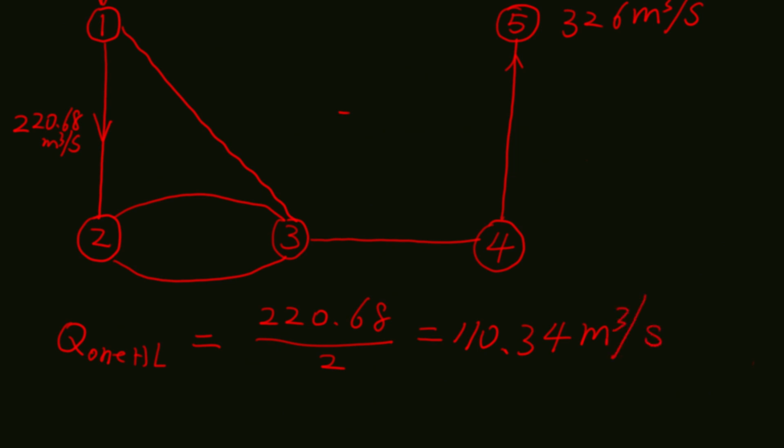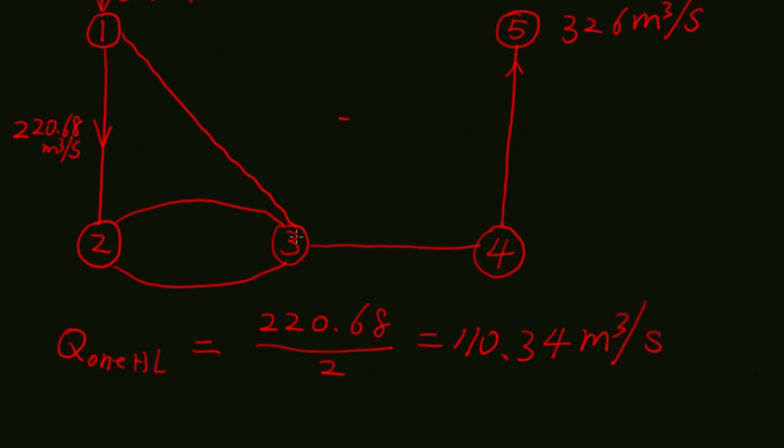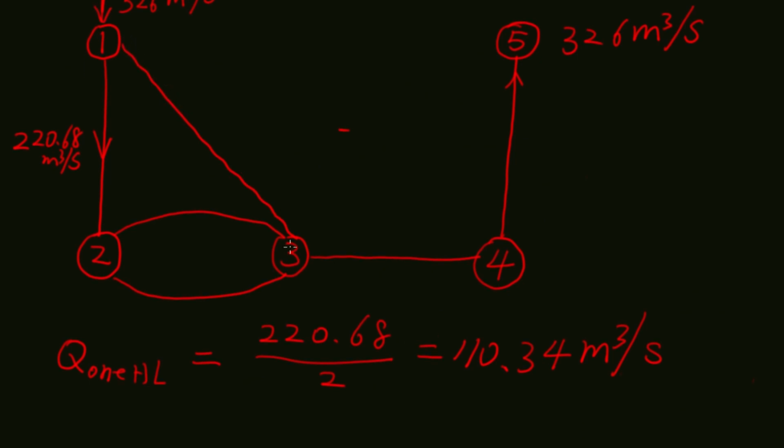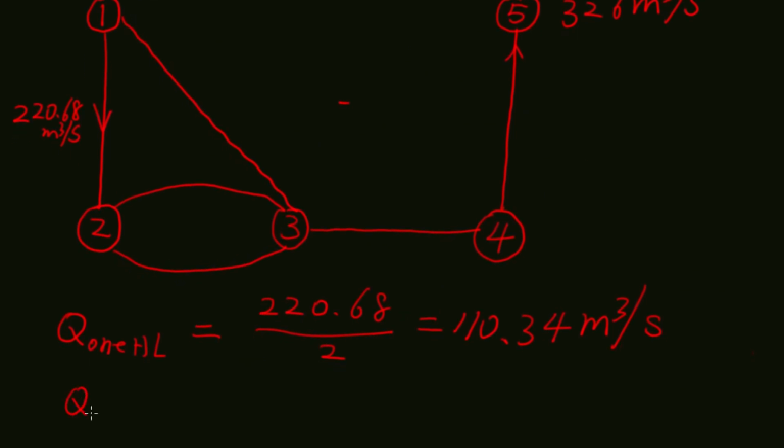The last quantity we need to solve is from 1 to 3. We know there is 326 coming into node 1, 220.68 coming out from node 1, and the rest has to come out from 1 to 3. So the quantity from 1 to 3 equals 326 minus 220.68, which equals 105.32 cubic meters per second.